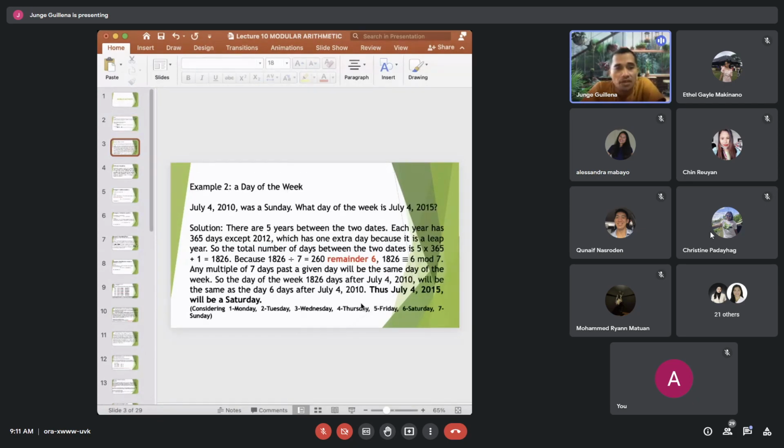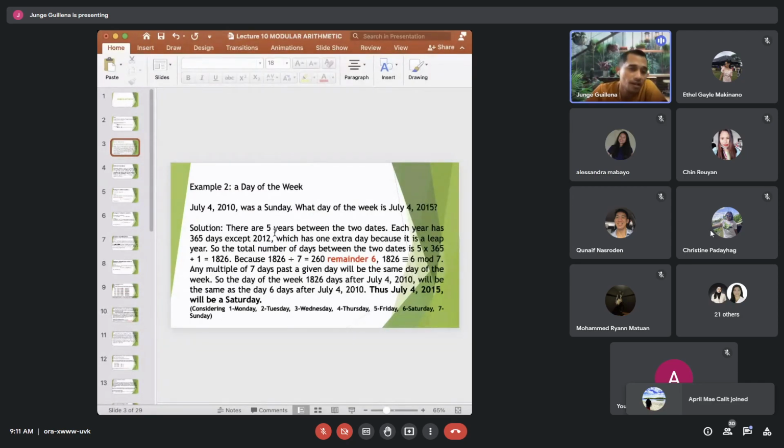Okay, another example: a day of the week. Example 2: July 4, 2010 was a Sunday. What day of the week is July 4, 2015? If you have no background in modular arithmetic, you can simply use your calendar app to find out what July 4, 2015 would be.